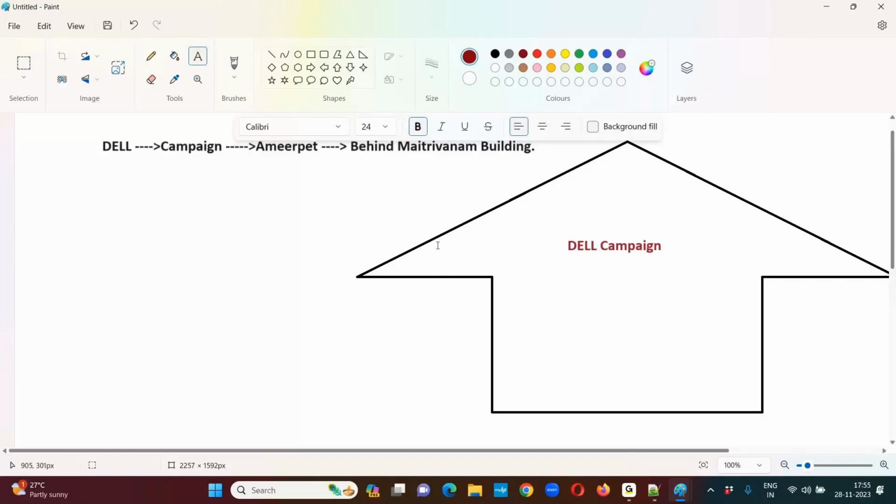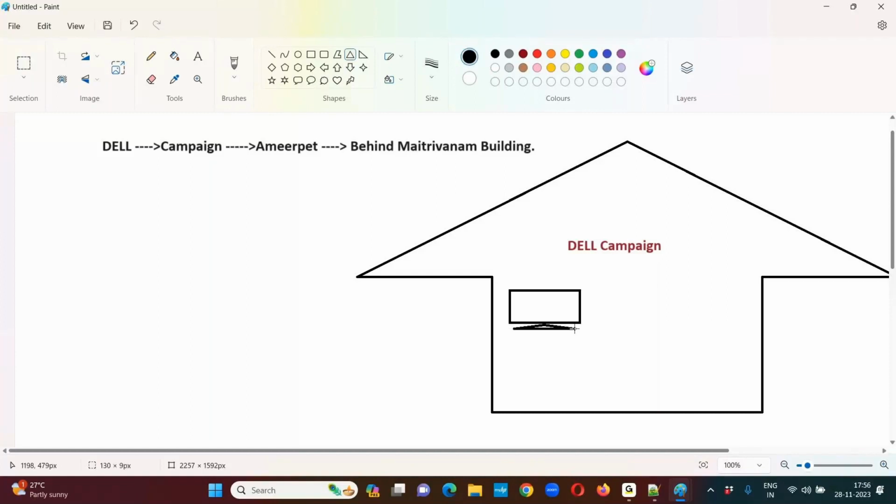So for that reason, in order to place the recently manufactured products for display purpose, they are going to be establishing a small tent. In this tent, they would like to place the recently manufactured products. Like whatever laptops and desktops they have manufactured, they're placing inside this campaign here.